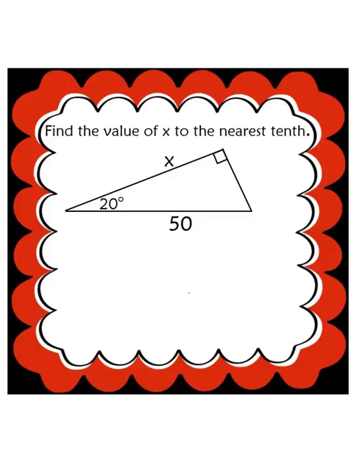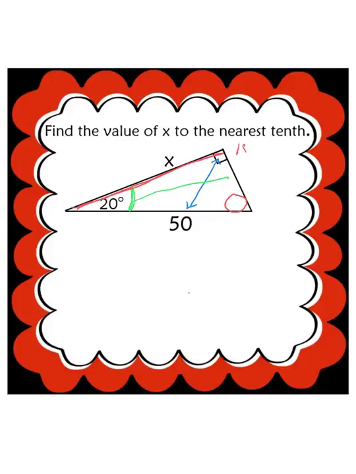Okay, this problem, I have an angle that is a 90-degree angle. The side that is opposite that is 50. I also have a 20-degree angle, but the problem is I don't have the side that is opposite that. So where my X is located, right here, I need to figure out what the angle is opposite that X. Now remember, in a triangle, all the angles add up to be 180.